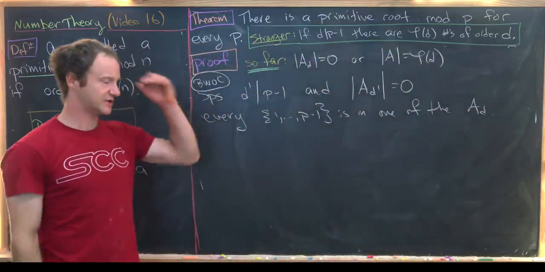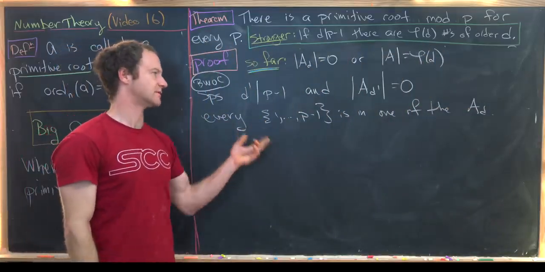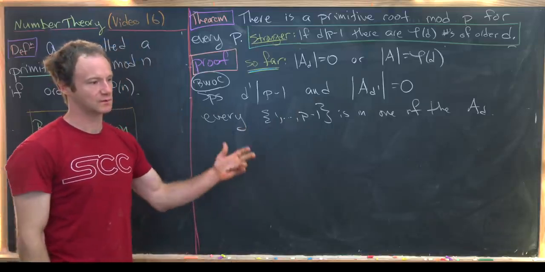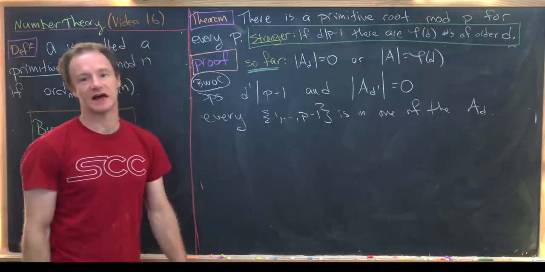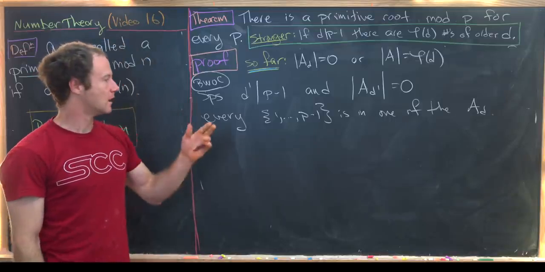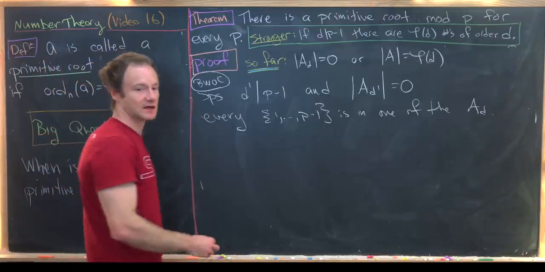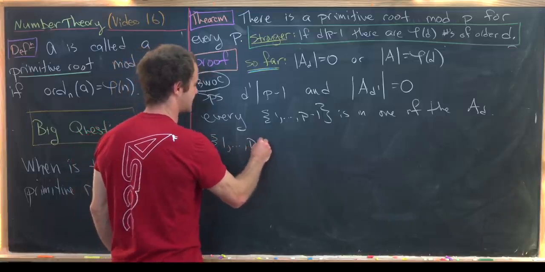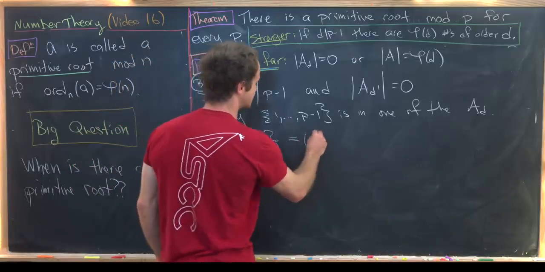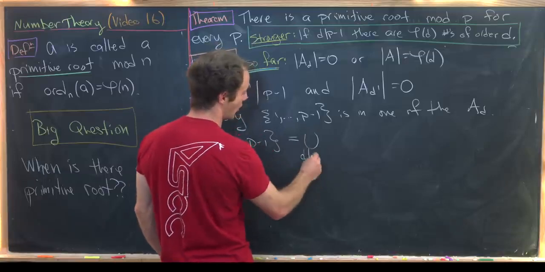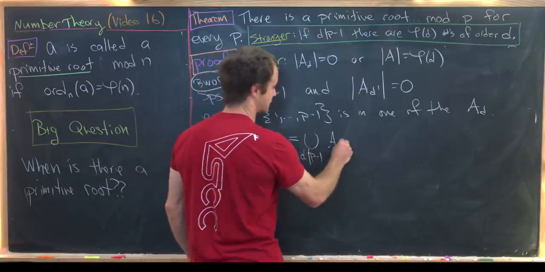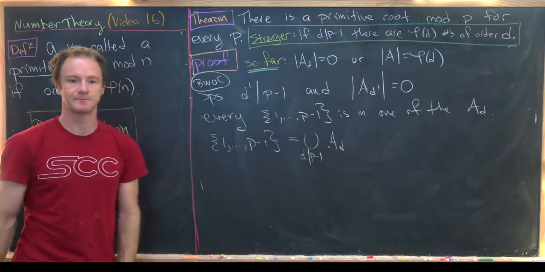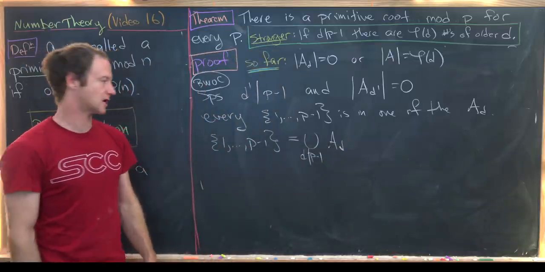So that's by the definition of A sub d. All of these numbers have an order mod p. So that means they've got to be inside of one of those. Okay, nice. But that tells us that the set containing 1 up to p minus 1 is actually equal to the disjoint union over all divisors of p minus 1 of A sub d. That actually is going to set up our contradiction.